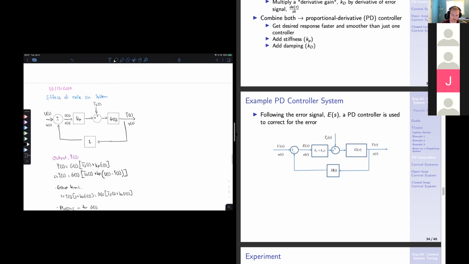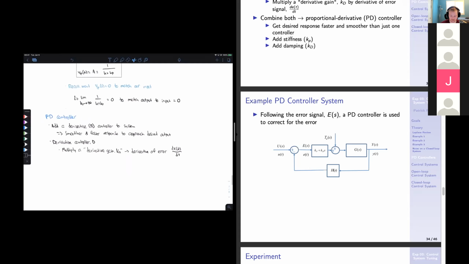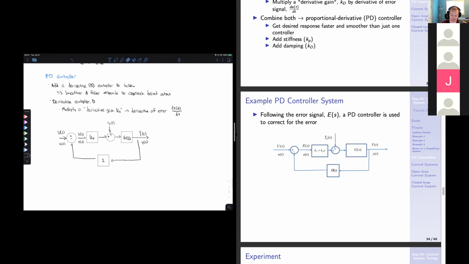All right, so I'll go in the notes. I'm going to, of course, copy and paste this so I don't have to write too much. So here we go, and then we're just going to adjust the box that we have. Okay, so we have Kp plus Kd times s.